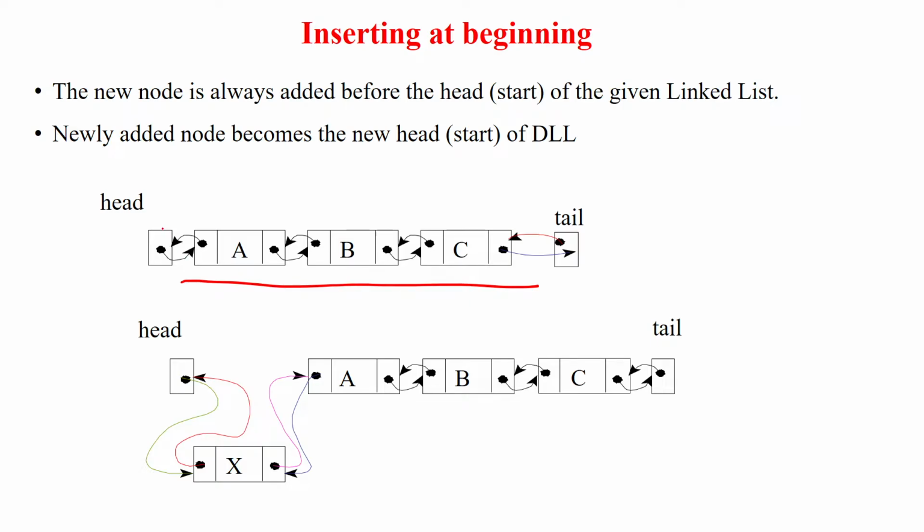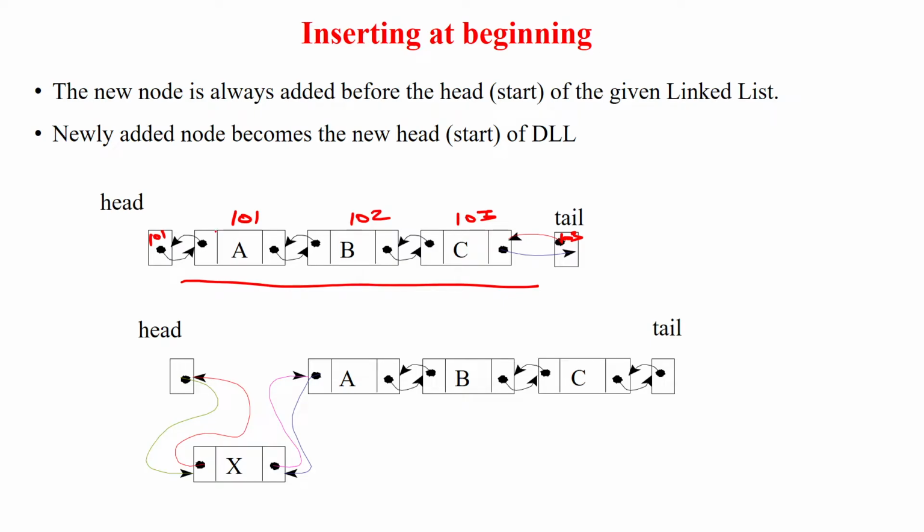Node a has address 101, node b has address 102, and the third node c has address 103. The head pointer has the address 101, and the tail pointer has the address 103.